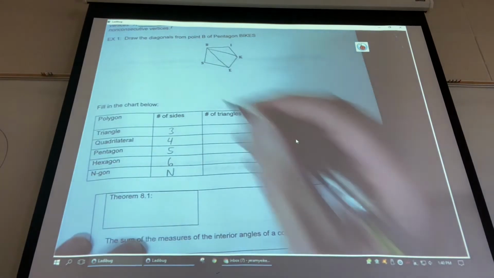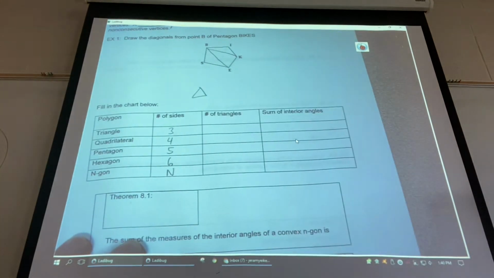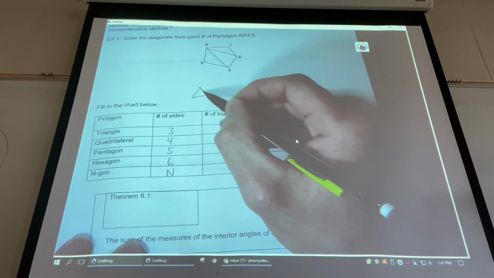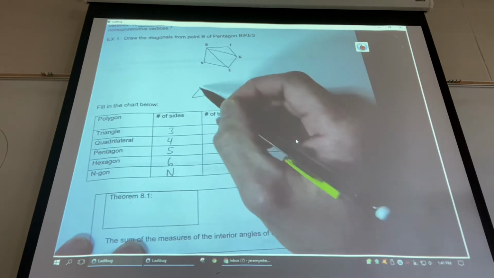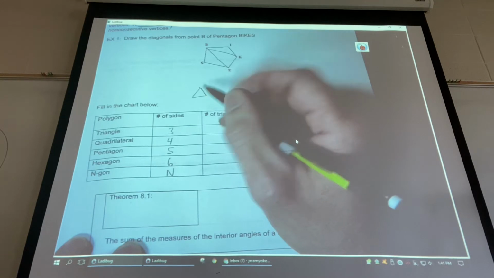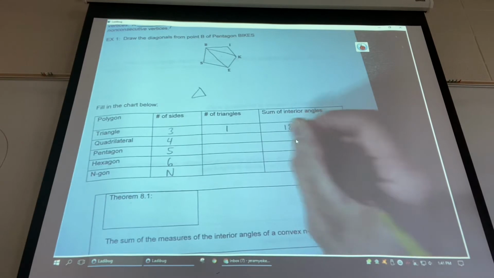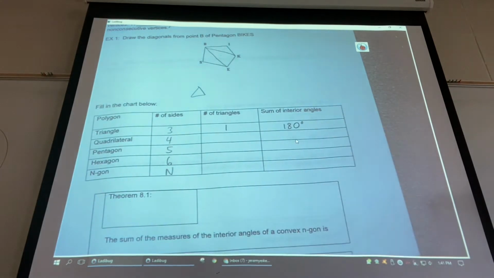So for a triangle, let's draw a triangle real quick. Can a triangle have any diagonals? No, because if you try to connect other endpoints, you just get sides. So how many triangles are in a triangle? One. And we learned yesterday that if you add all those interior angles together, it's 180. You guys with me so far?